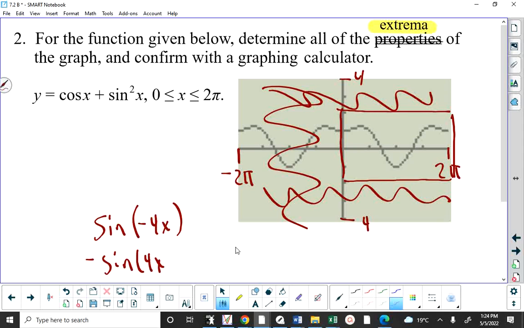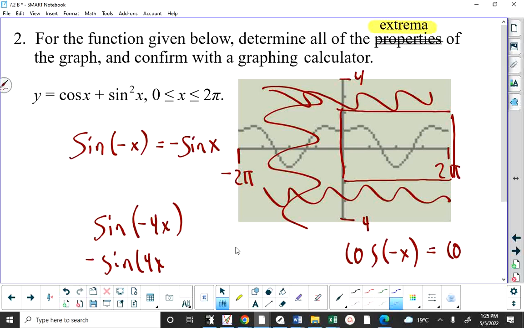I said that's a negative angle identity for sine. Sine of negative x is the same as negative sine of positive x. For cosine, cosine of negative x is the same as cosine of x.